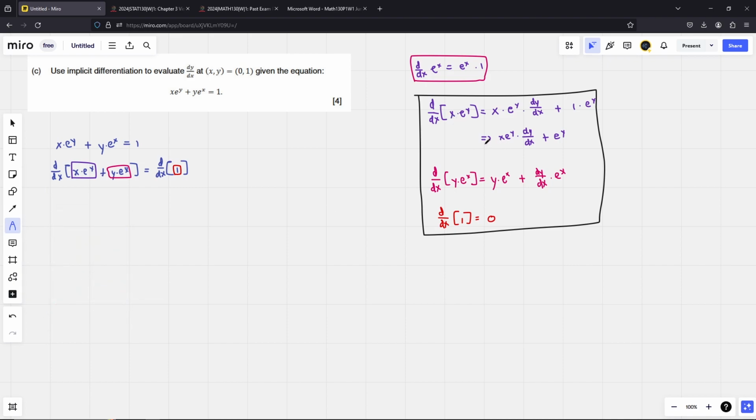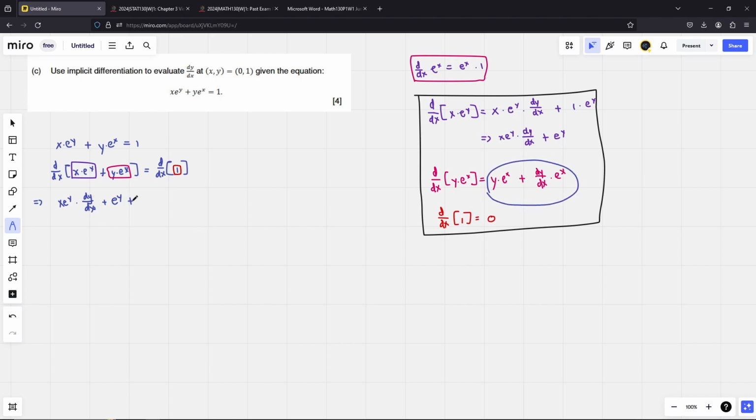So taking the first part, that is just going to be the same thing as x e to the y multiplied by dy by dx plus e to the y. Now I'm going to add this part.